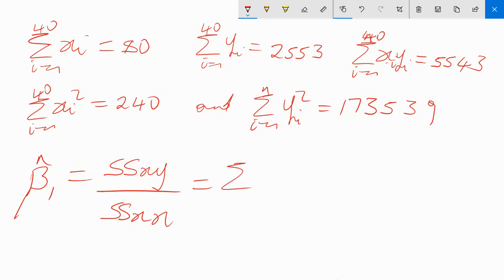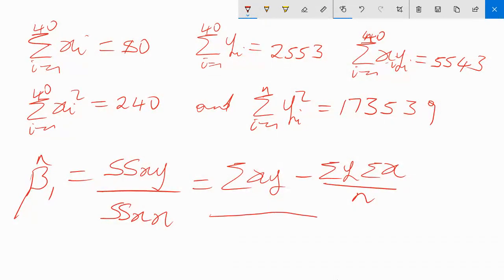And this is nothing but the summation of xy minus the summation of y, summation of x over n. You saw this from the previous proof. And this one is nothing but the summation of xi squared minus.